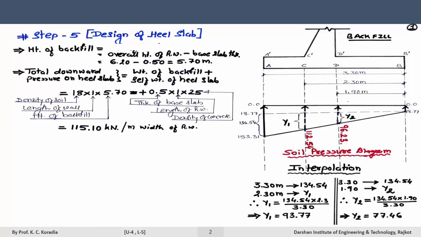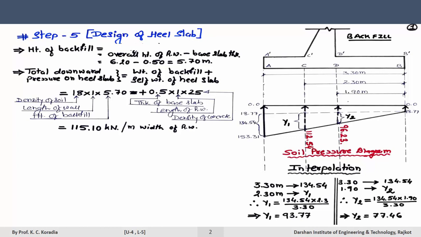The product of these three will give the weight of backfill. Plus, the self weight of the heel slab can be calculated by volume of concrete into density of concrete. Here, the thickness of base slab is 0.5 meter. We are considering 1 meter length of retaining wall. So it is 0.5 into 1 into 25, where 25 is the density of concrete.